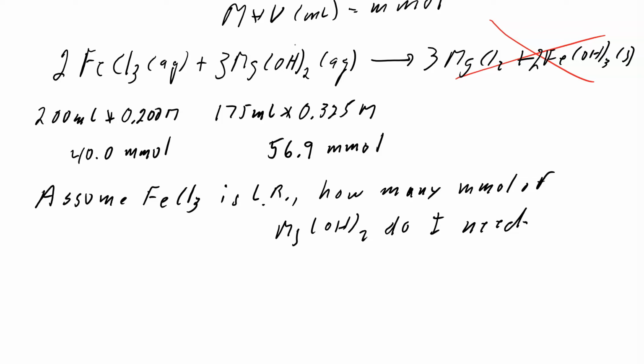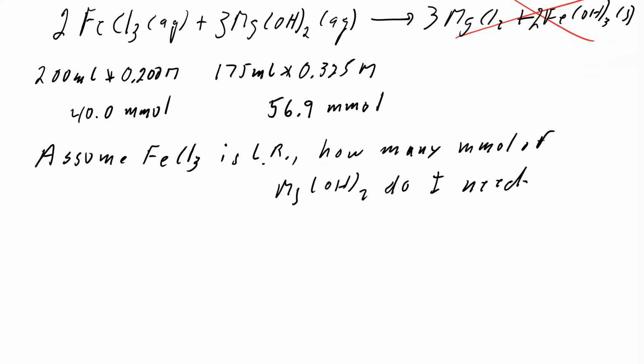So we're going to do this in our usual stoichiometry calculation. Our starting point, since we are assuming that iron chloride is our limiting reactant, is the number of millimoles of iron chloride. So we start with our 40.0 millimoles of iron chloride. We want to know how many millimoles of magnesium hydroxide we need. Since we already have millimoles, we're going to use the coefficients to convert that to millimoles of magnesium hydroxide. It's a very simple calculation. 3 millimoles of magnesium hydroxide are required for every 2 millimoles of iron(III) chloride that reacts.